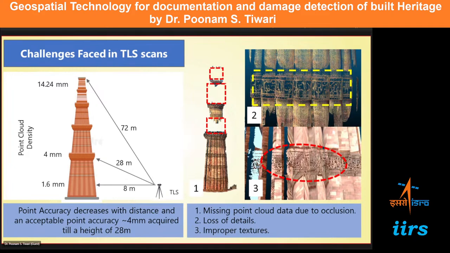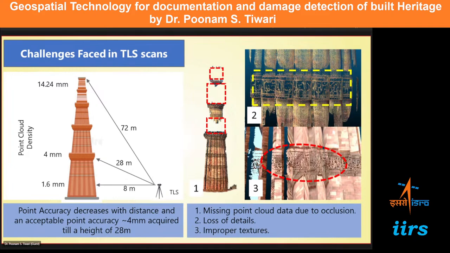As you must be aware, the height of Qutub Minar is around 72 meters. Now we have this terrestrial laser scanner which we have kept on the ground. The same scanner can capture the data for the top of the tower also, but the point accuracy decreases with the distance because the slant range increases as you take the data for the top of the tower.